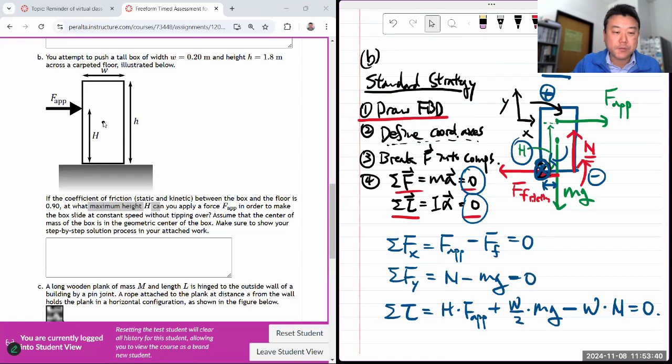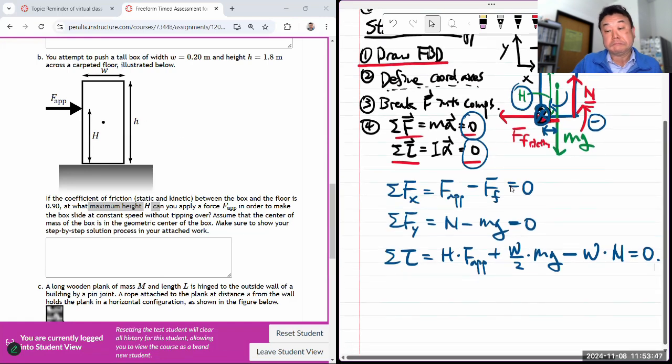I mean, it controls how high your center of mass is, but I don't know if that matters in this particular case, without tipping over. I think we're fine. Normal force is all the way over here.